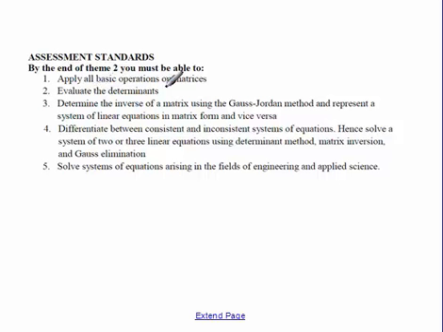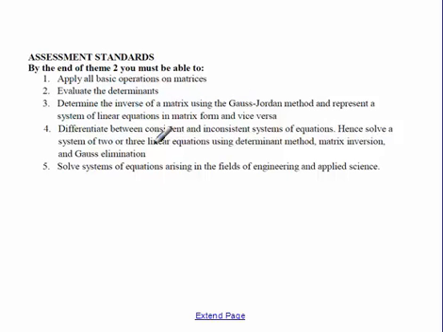For example, we must do all the basic calculations on matrices, evaluate determinants, which we're doing today, and determine the inverse of a matrix using the Gauss-Jordan method. In this case, Gauss-Jordan refers to the reduced row echelon form. Remember, they're going upwards, going downwards. They use that term also using Gauss-Jordan for 5 matrices.